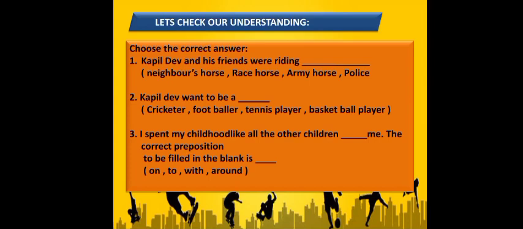You have to add the answer. And the second one is, Kapil Dev wanted to be a dash. I spent my childhood like all the other children dash me. The correct preposition to be filled in this blank is dash.